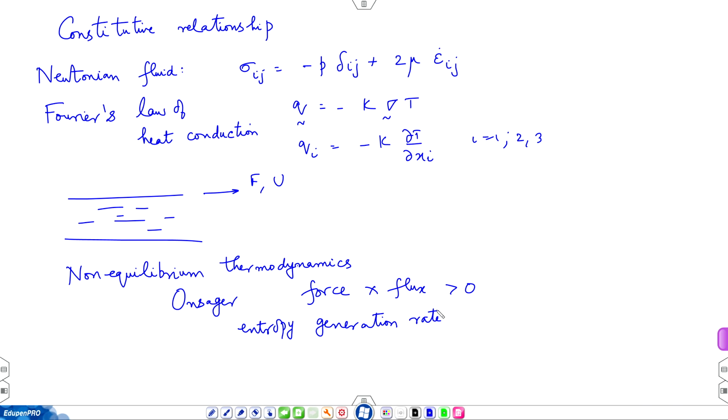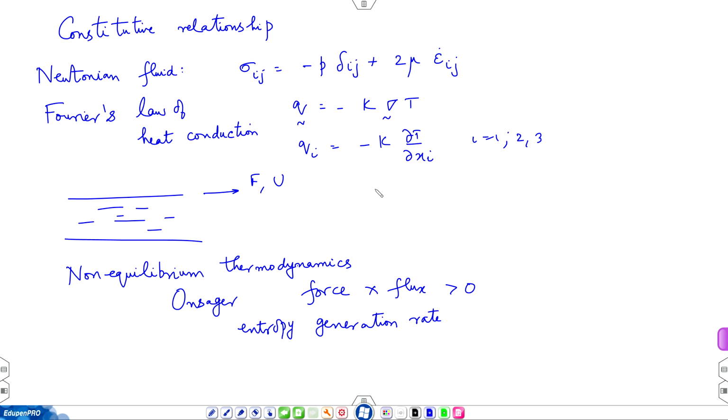So, in this parallel plate experiment, what is force? It is F. What is the flux? It is velocity. Okay. You applied force and now the plate is moving. Of course, you can also set the plate in motion with some velocity u, but that will require a force F. Okay. And that force depends on the fluid properties, the fluid that is present in the gap between the two surfaces. So, force times flux will be F times u.